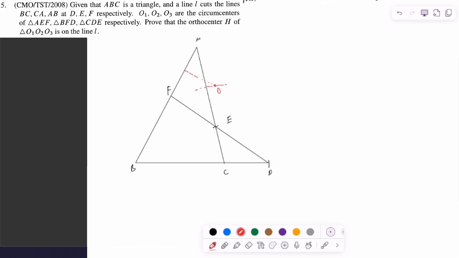So O1 is here. We just found O1. AFE is O1, BFD is O2, CDE is O3, yes. So let's find O3.